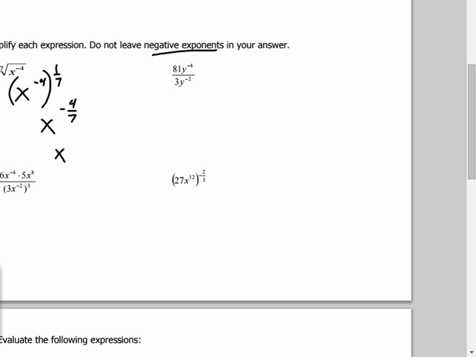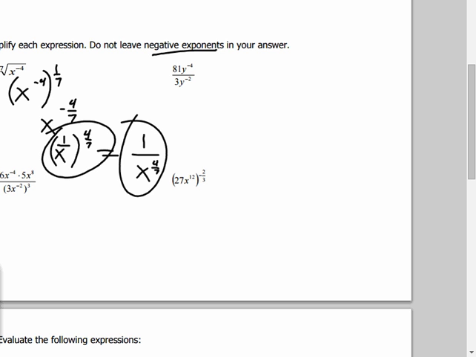So then I have to flip this, 1 over x, and now I did the negative part of the problem, and I just leave it to the 4/7. That is a perfectly good answer. Otherwise, if you wanted to do the top to the 4/7 power, it would be equal 1. And then the bottom can still be x to the 4/7 power. I don't know if you think that's any better, but that's an okay alternate answer.